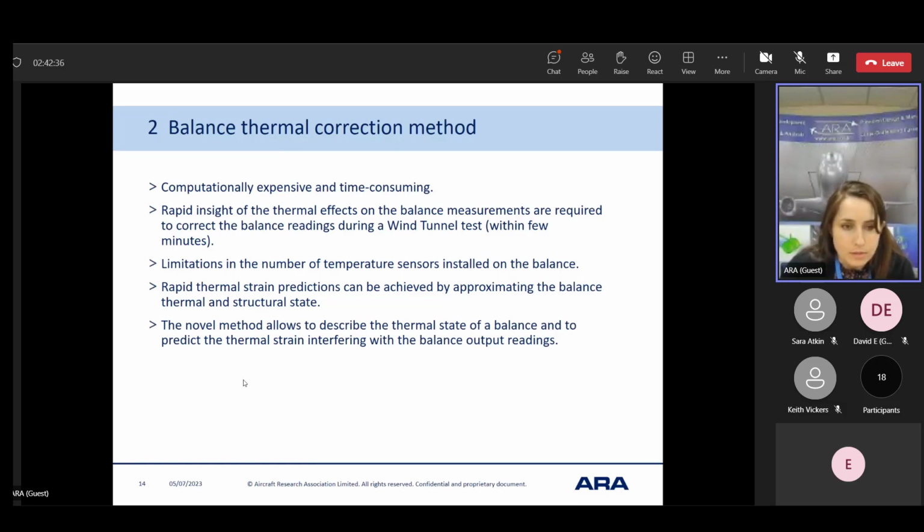This new technical method will give us a rapid insight of the thermal state of the balance and predict the thermal strain interfering with the balance output readings.